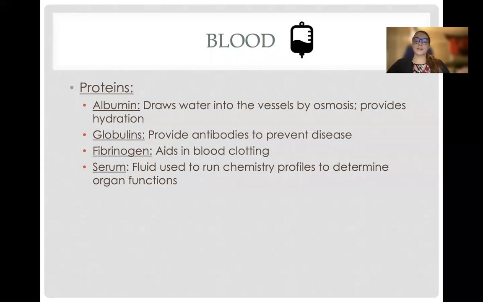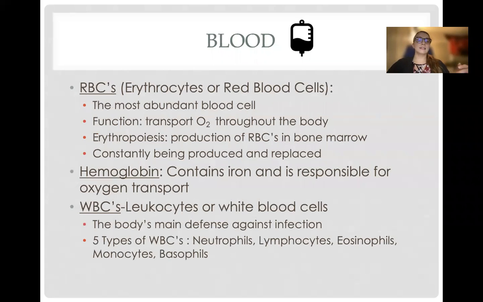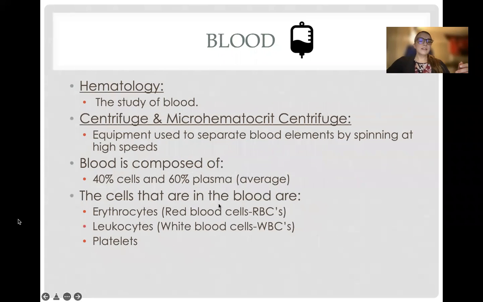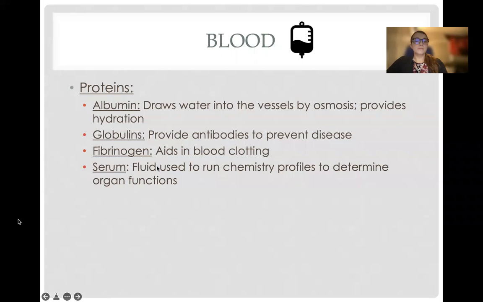Now, I do want to clarify that plasma and serum are very, very similar. When we spin down these blood tubes, we are going to be using two different types of tubes.